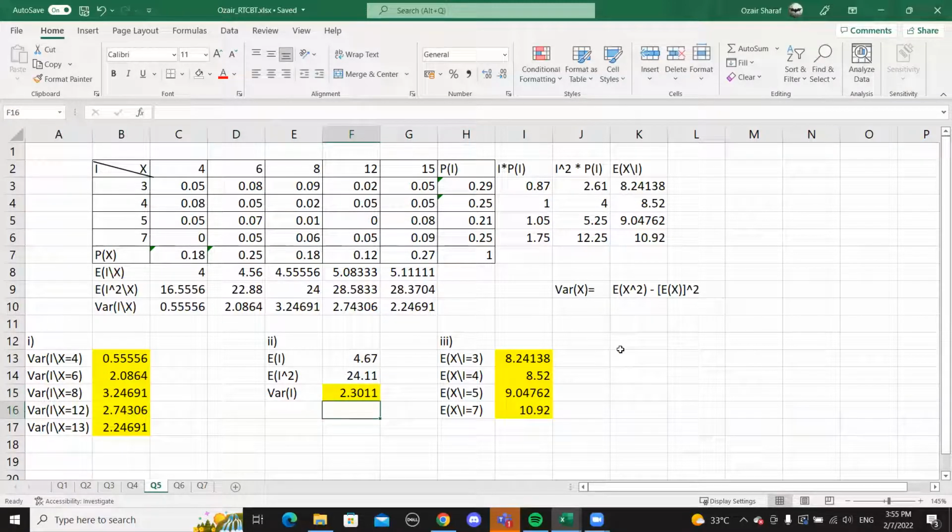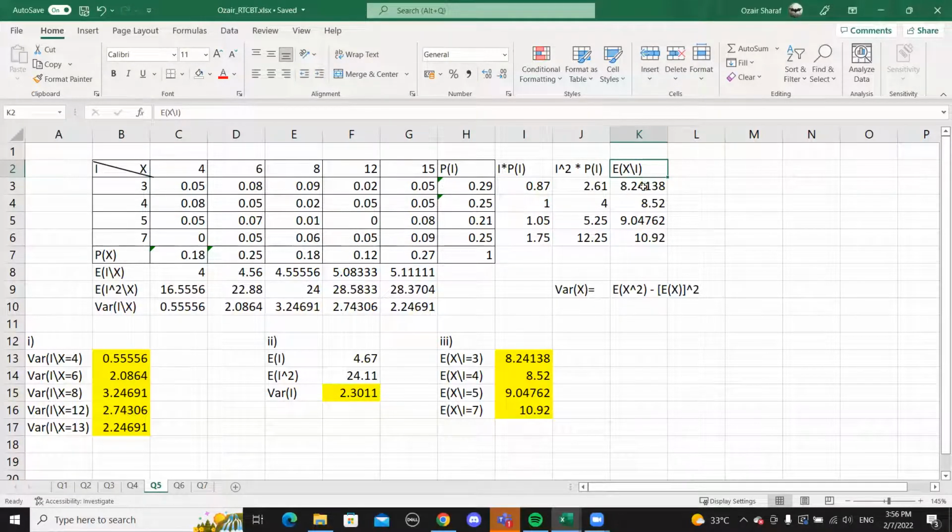Next and final part of this question is to find the expected value of x given I. So for the first bit, we have to find the expected value of x given I is 3.